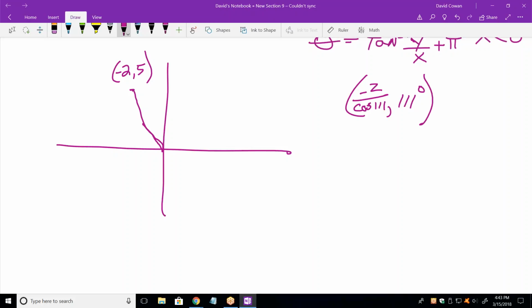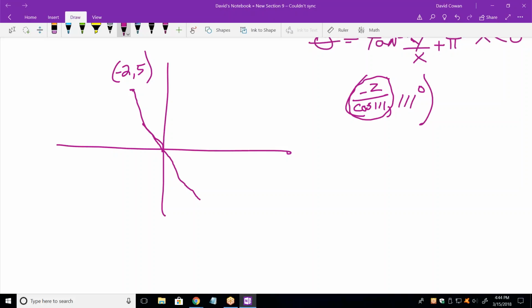well, what if we go that angle with a negative r? Notice this r is a positive number because the cosine of 111 degrees is negative. It's in the second quadrant. So you're going to have negative 2 divided by a negative. So that's a positive r that we came up with.